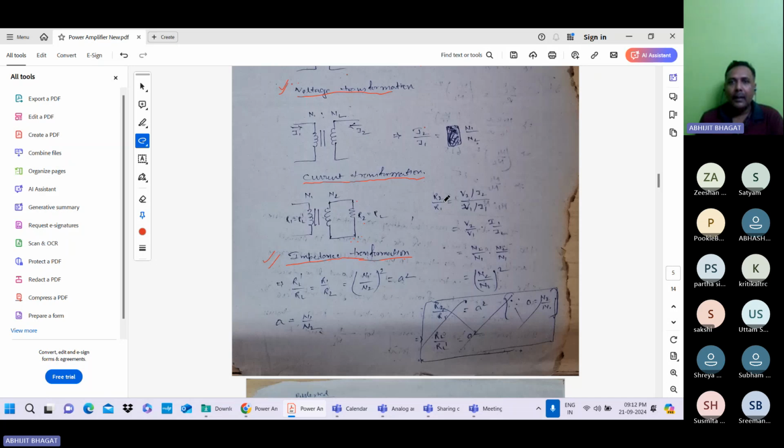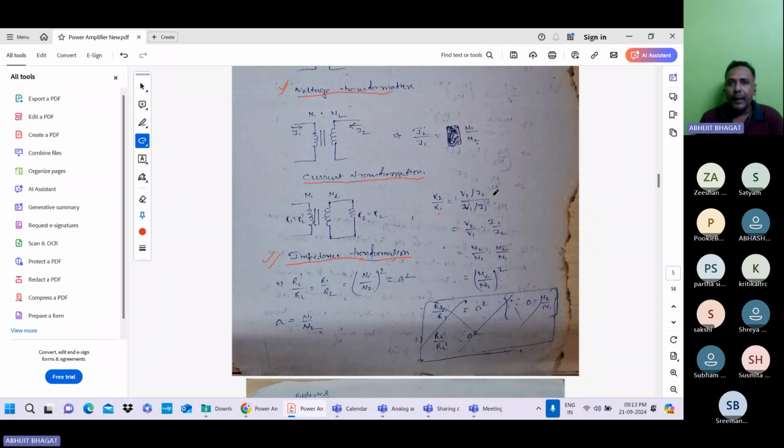So here R2 is the resistance across the secondary side and R1 is the resistance across the primary side. So R2 by R1, this is equal to what?